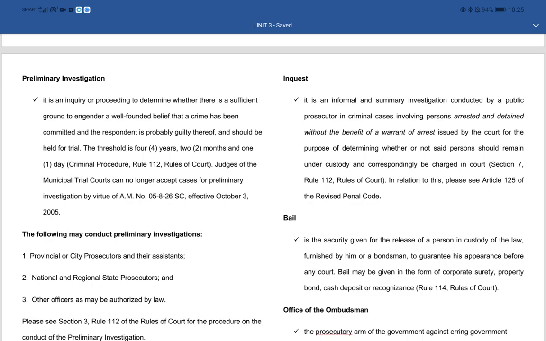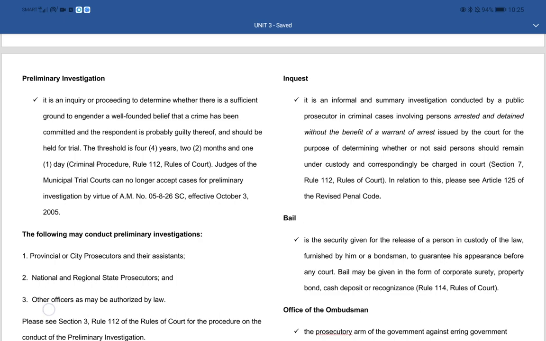Always remember, for light cases where the penalty does not reach 4 years, there is no need to conduct preliminary investigation. So always remember that preliminary investigation is conducted when the penalty of the specific case is 4 years, 2 months, and 1 day.